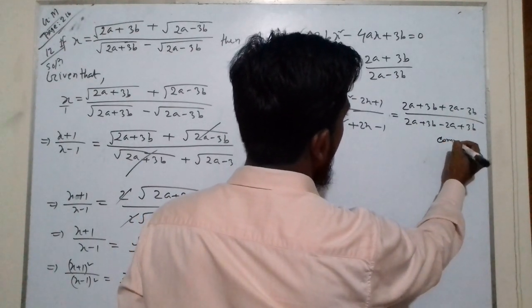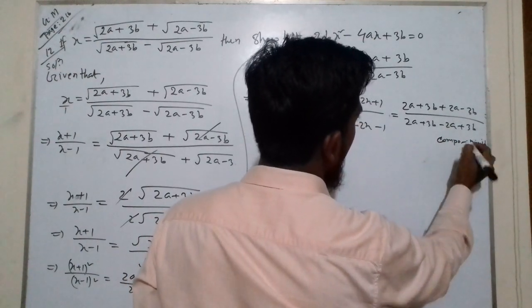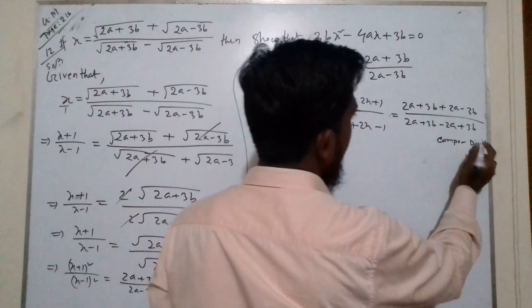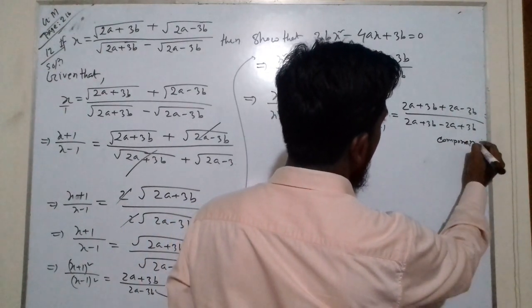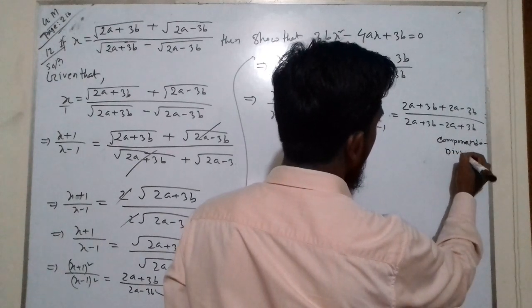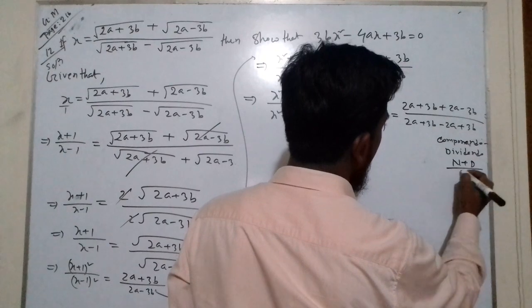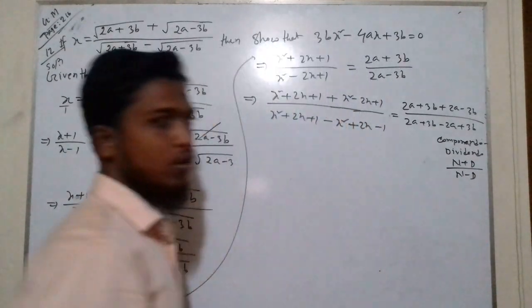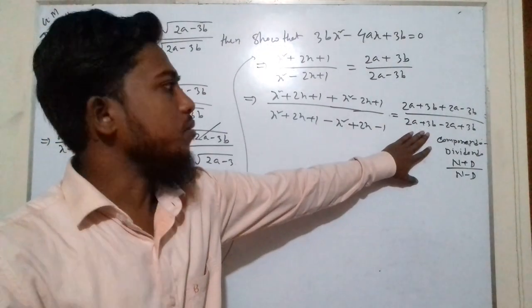Componendo and dividendo, that is componendo: numerator plus denominator divided by numerator minus denominator. This is the formula of componendo and dividendo.